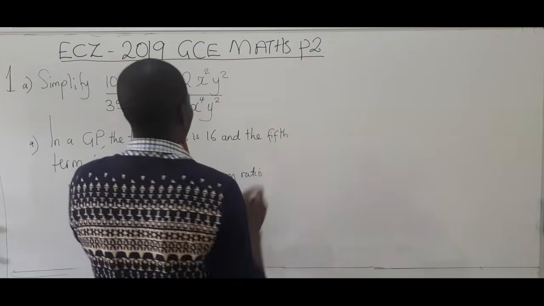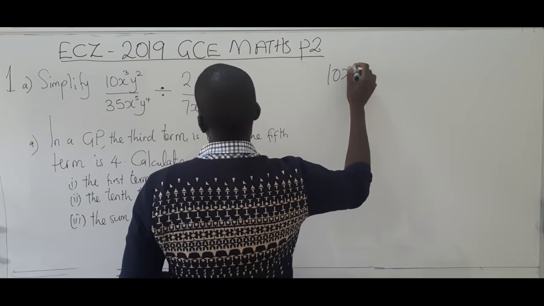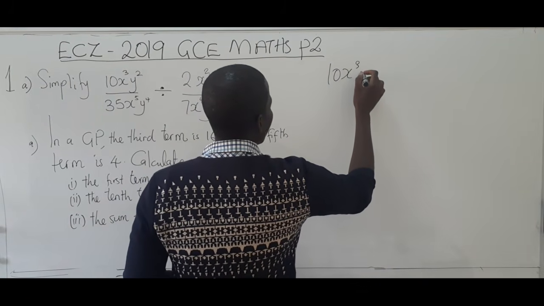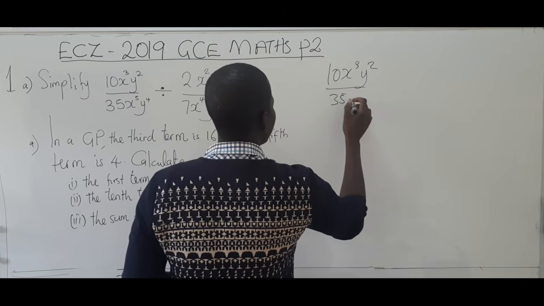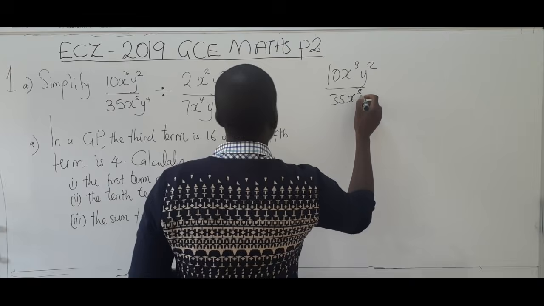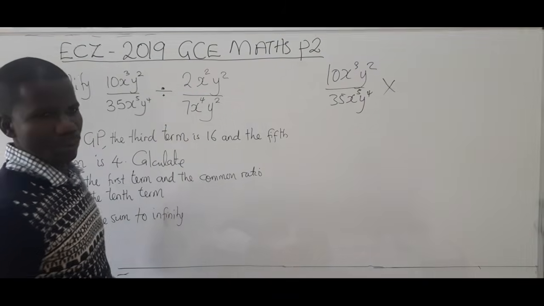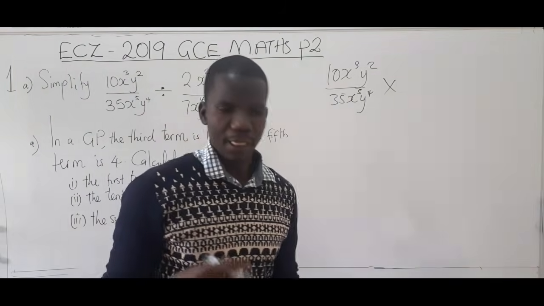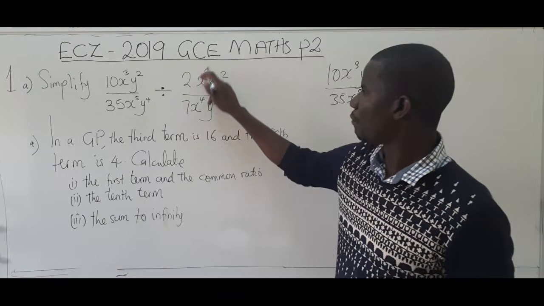So we are going to have 10 x to the power 3 and y to the power 2 over 35 x to the power 5 y to the power 4. Then we change this division sign into a multiplication sign. And after we have done that, we need to multiply it by the reciprocal of this fraction here.